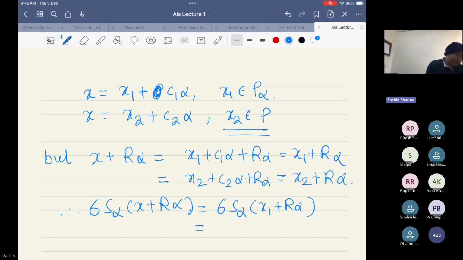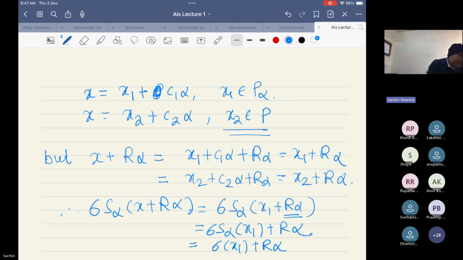As this space is invariant, that's how you get this quotient space. So this is sigma of S alpha of x1 plus R alpha, which is nothing but sigma of x1 plus R alpha.